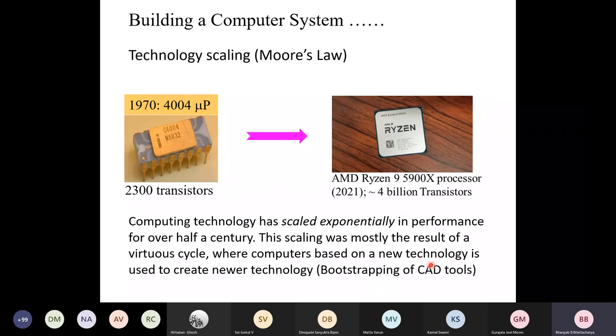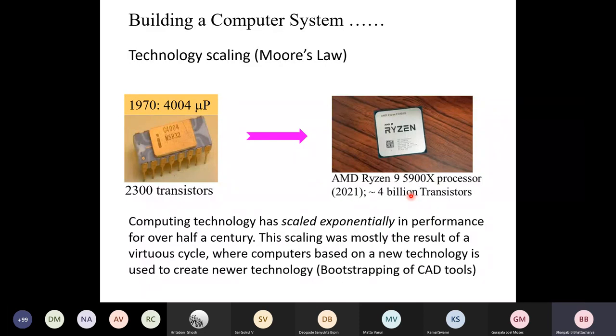So we have computer-aided design tools, or software tools, and these tools are being bootstrapped in every generation. When you design the next generation of computer, you can use the power of this 2020 computer and the most recent computer-aided design and electronic design automation tools to handle the design of the next generation of computers.